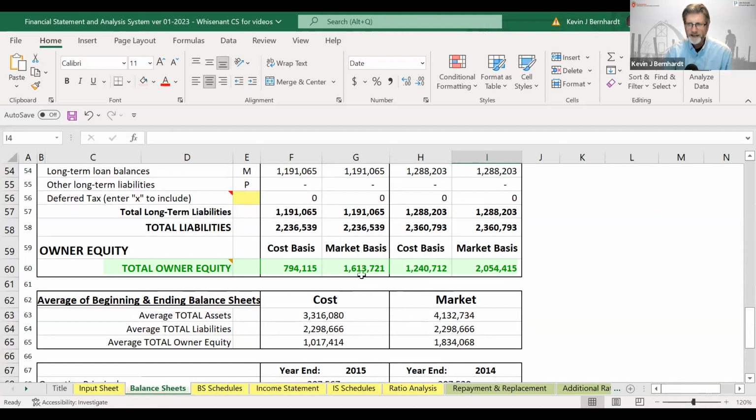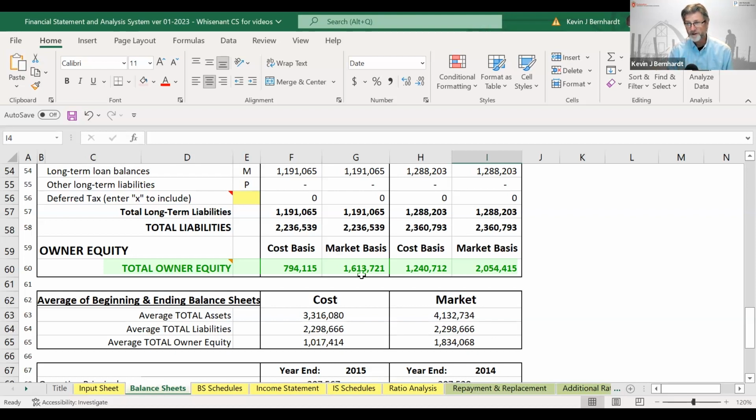And owner equity is our wealth. That is based on our valuation of assets, based on the amount of liabilities that we owe. The difference between the two, assets minus liabilities, is our wealth. It's what's left in our pocket if we were to sell this business today and get all the values out of the assets, pay off all of our obligations. That's the money we'd have left over in our pocket.